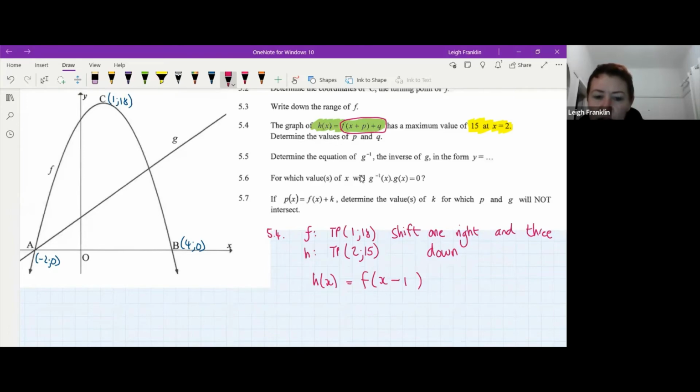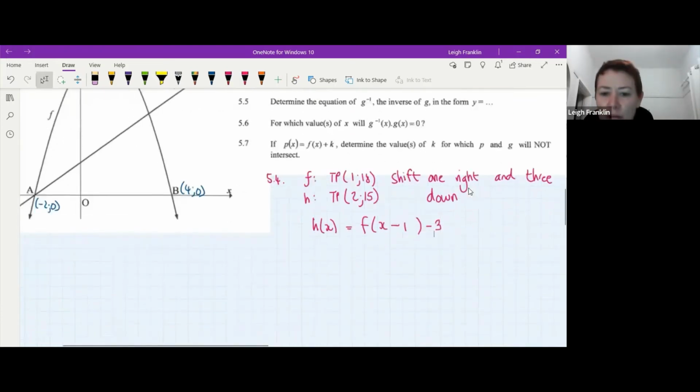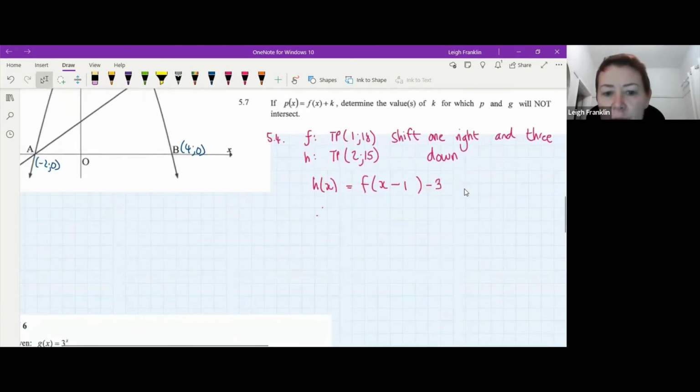So if I want to shift it 1 to the right, I have to sub in -1. And as far as me shifting it down, this would be -3. Absolutely. So therefore, the values of p and q, Matrix, p is equal to -1 and q is equal to -3.